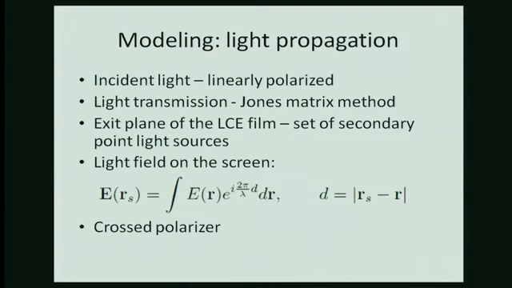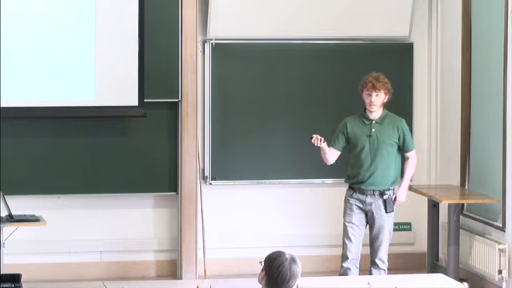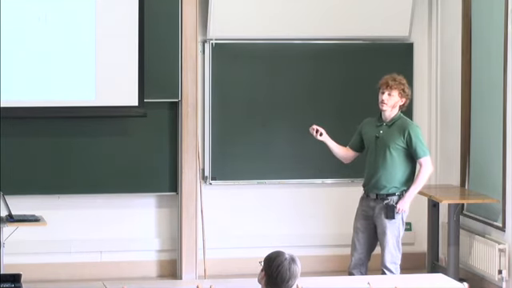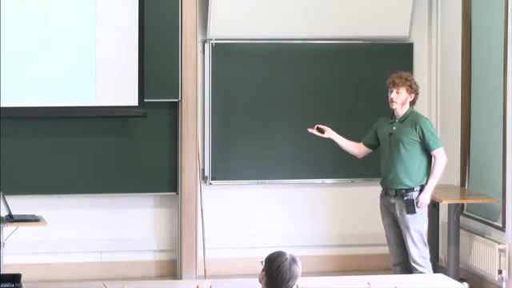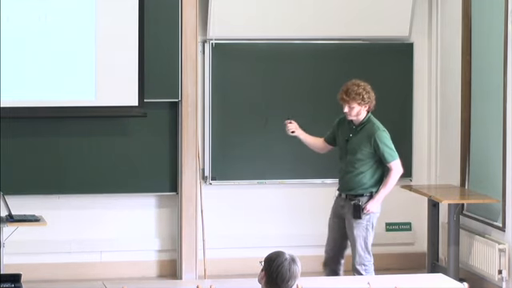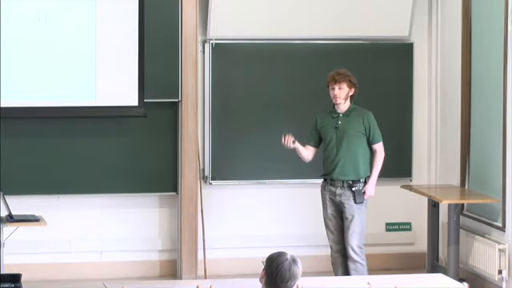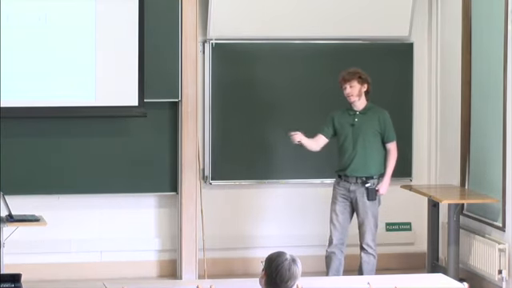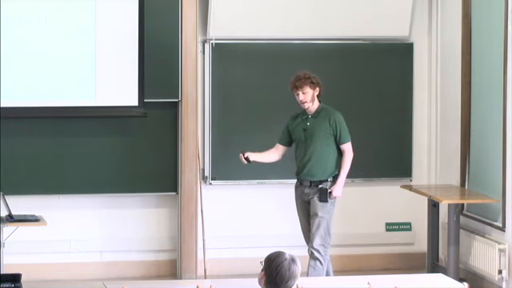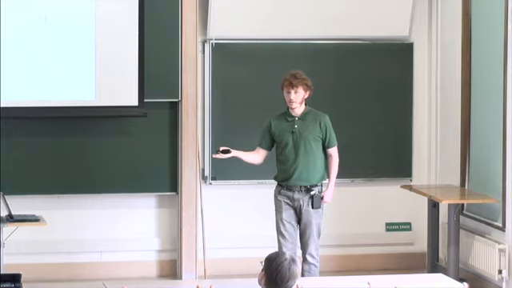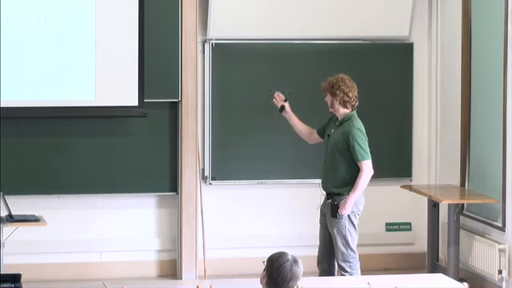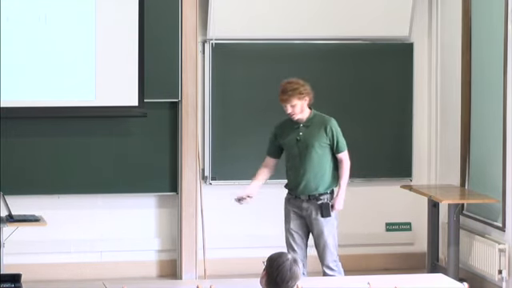And then the exit plane of the sample can be treated just as a set of point light sources. To calculate the light scattering pattern on the screen, for every point on the screen, we have to sum the light from every point on the exit plane of the elastomer. And that's the recipe, essentially.